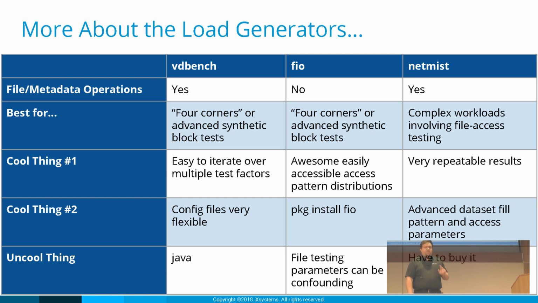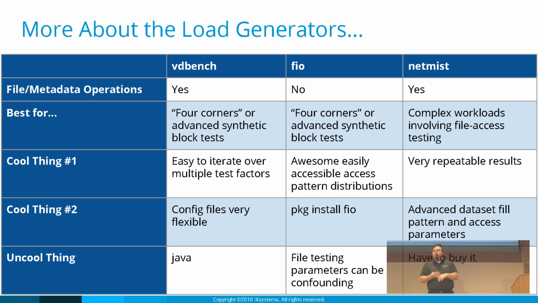So I have two cool things about each of these. For VDbench, the thing I really like is it's very easy to iterate over multiple test factors. If you want to test a lot of different queue depths, I/O depths, queue lengths, whatever you want to call them, it's very easy to do that in a very succinct way. For FIO, there are a lot of really good access pattern distributions, statistical distributions. You can do not just pure random, but you can do a Zipfian distribution or a couple different others.